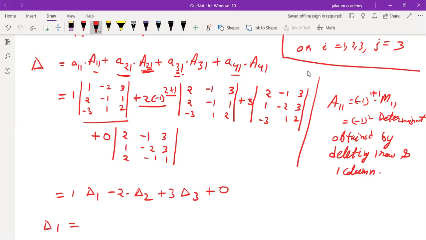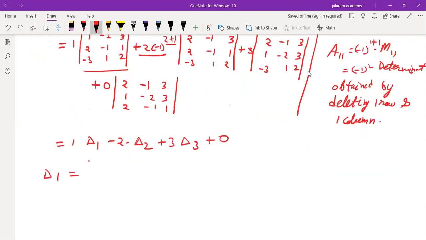Delta 1 is this first determinant. So we write it: 1 minus 2 3, 2 minus 1 1, minus 3 1 2. So it is equal to 1 into, again, if we expand it along first row or first column or second row or second column, there will be no problem. We have already discussed. So if we are discussing it along the first row, 1 into determinant obtained by deleting first row, first column: minus 1 1, 1 2.